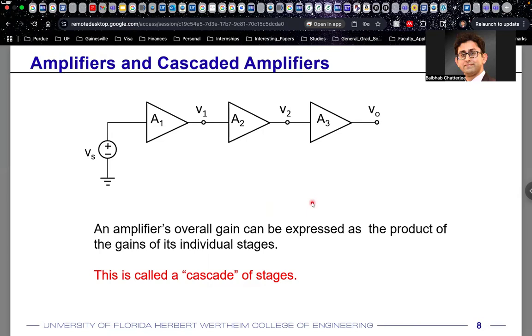Now, why would you see a flipping? There could be two reasons behind that. One, again, you can go back to the value of the supply and the ground. What I said earlier is that if your input is 100 millivolts and you have a gain of 5, you get 500 millivolts. Again, you have a gain of 5, you get 2.5. But let's say your supply is only 2 volts. If your supply is 2 volts, you can never generate anything which is more than your supply.